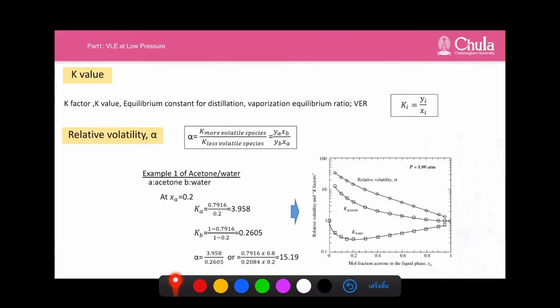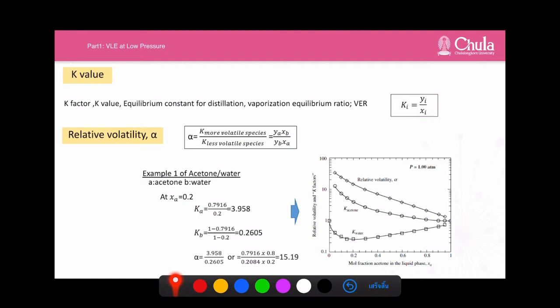And if we calculate K of acetone and K of water, and also alpha at each data point, and we show it in this figure, we see how K evolves at each condition.